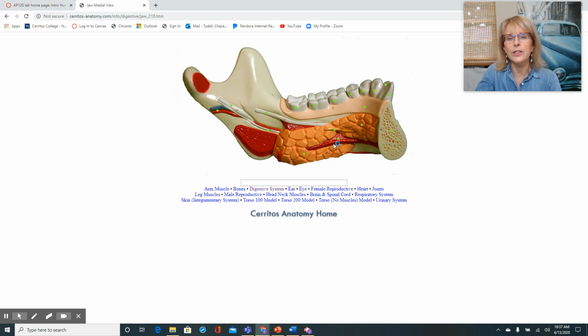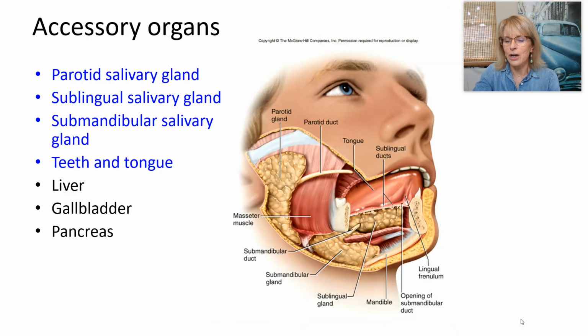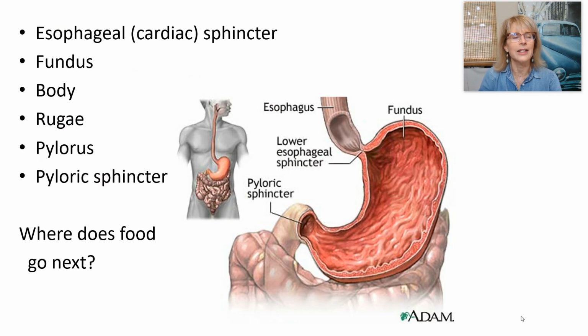And here you can see the submandibular salivary gland depicted here and the sublingual salivary gland depicted here. Incisor, incisor, that must be a canine tooth. See how the name pops up? So cool. Bicuspid, first molar, good. All right. So that's it for our jaw and our salivary gland.